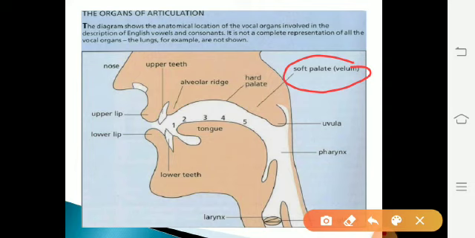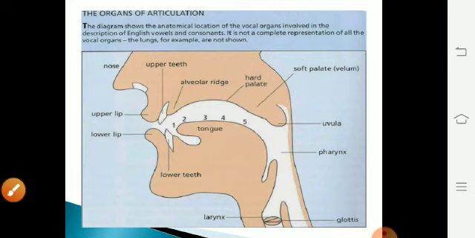If the soft palate is raised and touches the back wall of the pharynx, the passage into the nose is closed. The lung air escapes through the mouth. The sounds produced are called oral sounds.